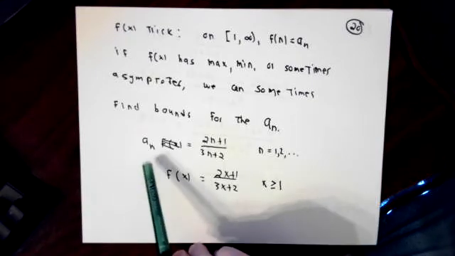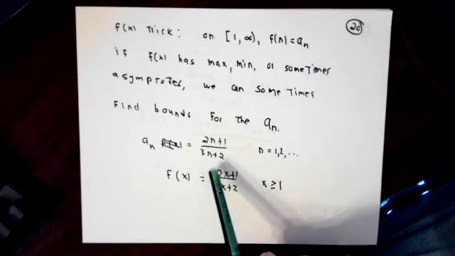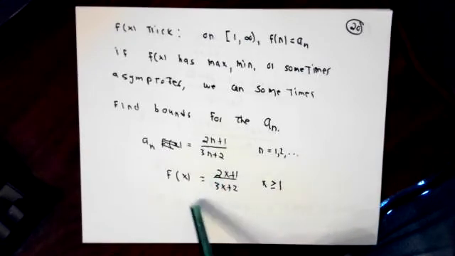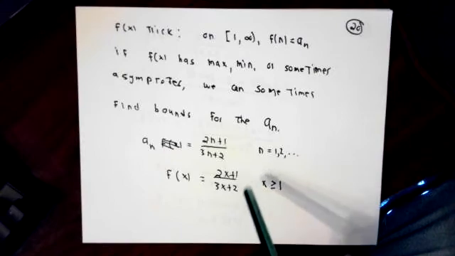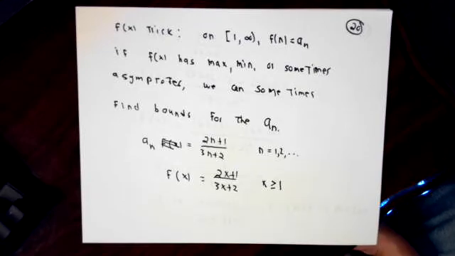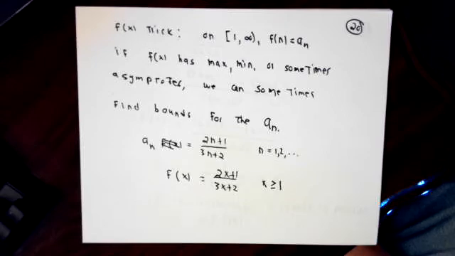So I'm going to have my a sub n being 2n plus 1 over 3n plus 2. The f that goes with that is going to be 2x plus 1 over 3x plus 2, and I'm only interested in x's that include the n values that I'm interested in. So x bigger than or equal to 1. I want to see if this function has any maximums or minimums or long-term behavior or what?